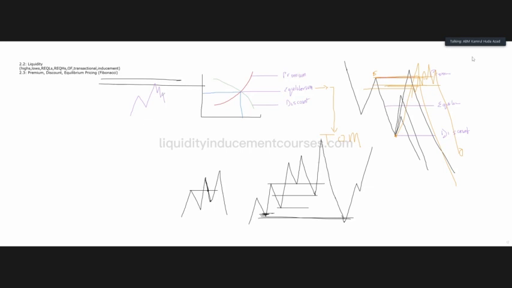Okay, wait, am I correct? But is it at equilibrium? No, it is not. There is a huge possibility that the mitigation will be at the 50% of this equilibrium here.